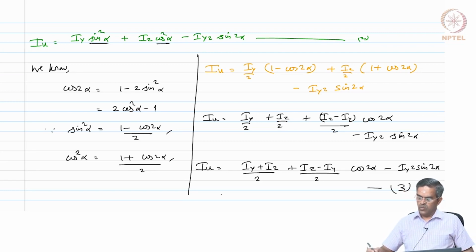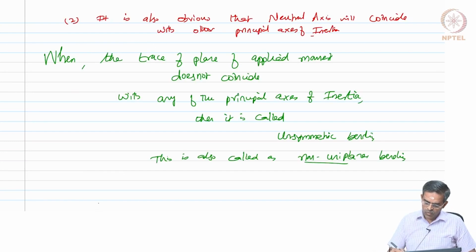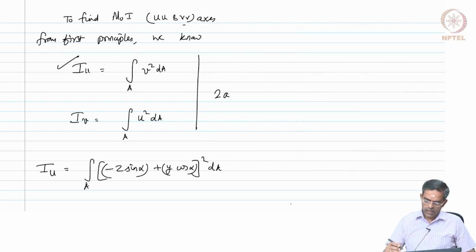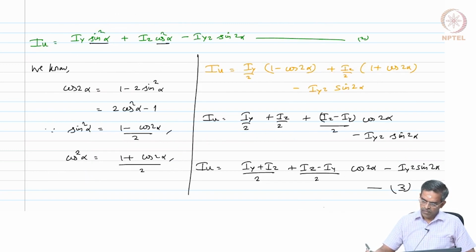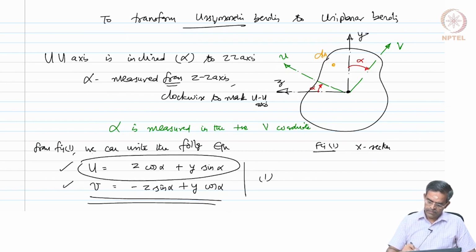Now, let us move on to IV. Now, let us find IV. We know IV is integral u square dA for the entire A. We already know u as this value, is it not? Z cos alpha plus y sin alpha.